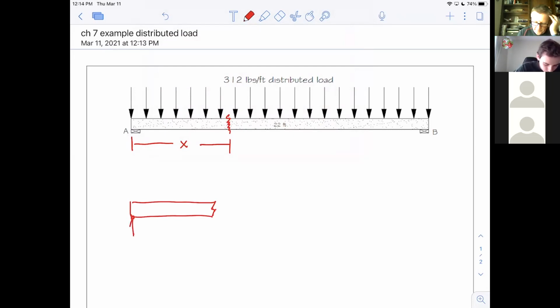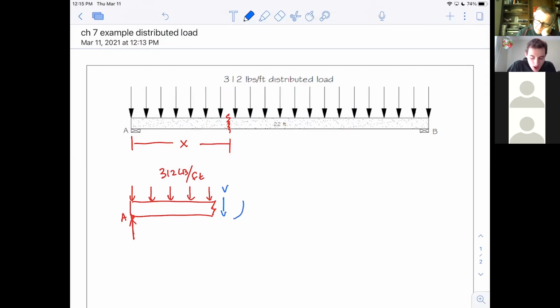We need to figure out what the reaction there at point A is. We got to calculate that. And we've got all of these uniformly distributed forces up here that are 312 pounds per foot. And we know that because that's a fixed support, there's a shear. And right now I'm telling you, draw the arrow down, but we'll go into this a little more tomorrow or next time I see you, Tuesday. And we've got moment. I'm going to change colors so that I can make my notes look good. And we've got moment, and let's just leave it at that. There's those two forces.